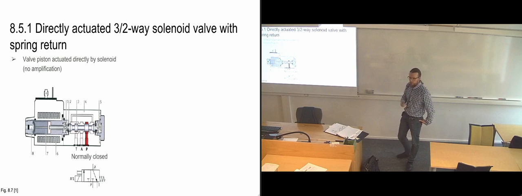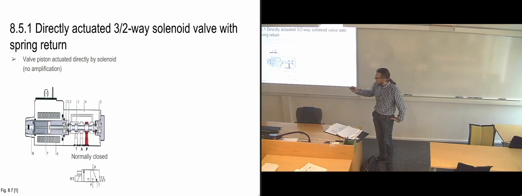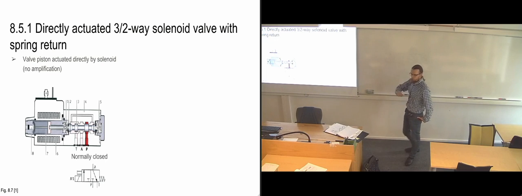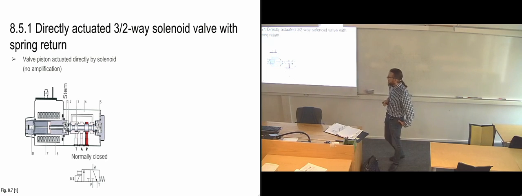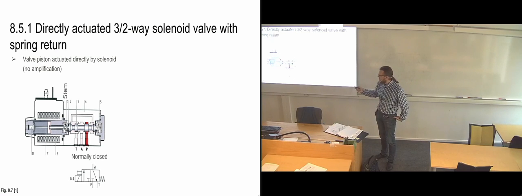So it's put in a push button there. It's not been drawn into this figure, but it's supposed to be a push button on the outside here, so that you could push it in if needed. So we have the stem here, the part that's going from the pistons and into the solenoid. And we have a spring disc.